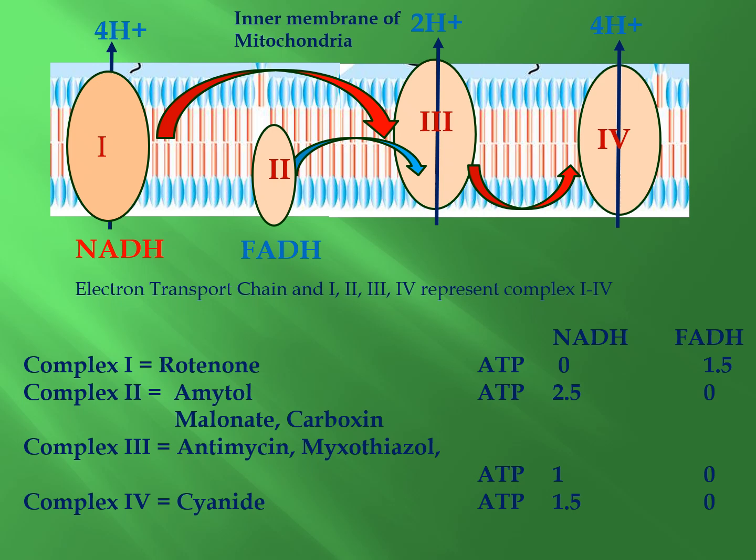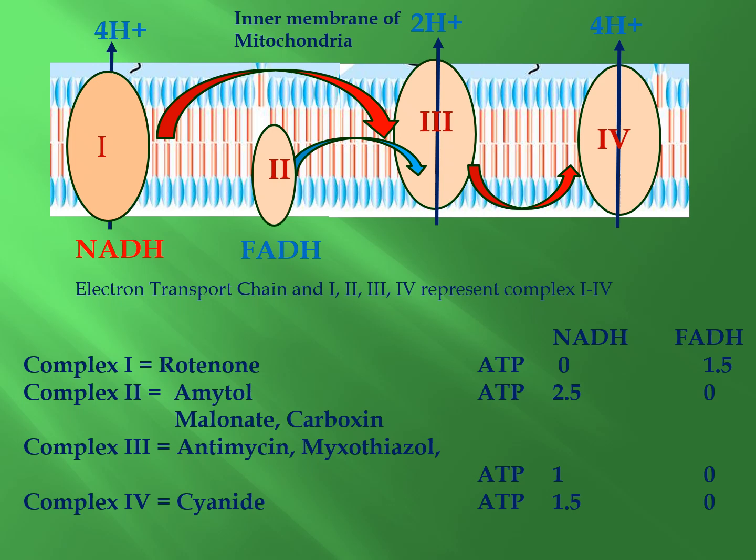That is why 4 H ions are transported from the matrix to the intermembrane space. 4 H ions divided by 4 will give us 1 ATP. But there will be no ATPs from FADH, because complex 2 does not transport any H ion and complex 3 is already inhibited.